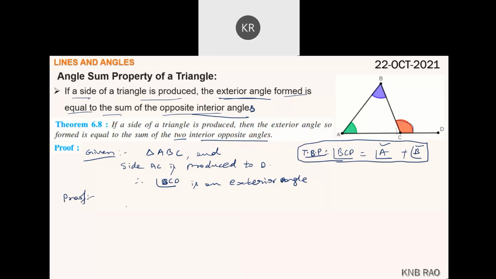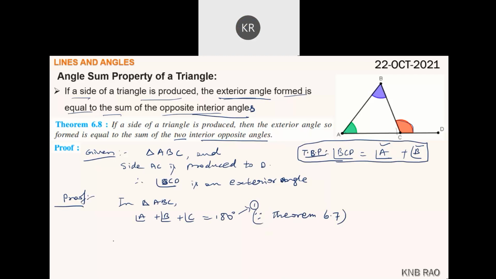In triangle ABC, angle A plus angle B plus angle C is equal to 180 degrees. Since theorem 6.7, or you can say angle sum property of a triangle theorem. This is one.